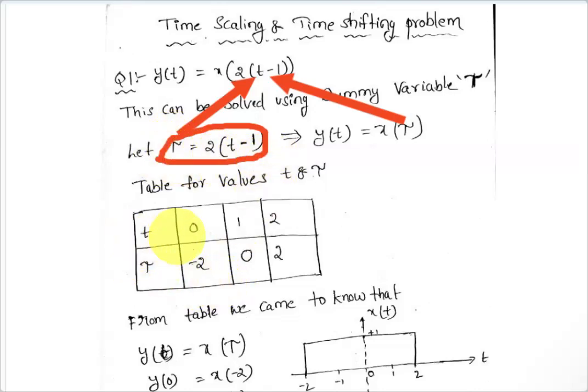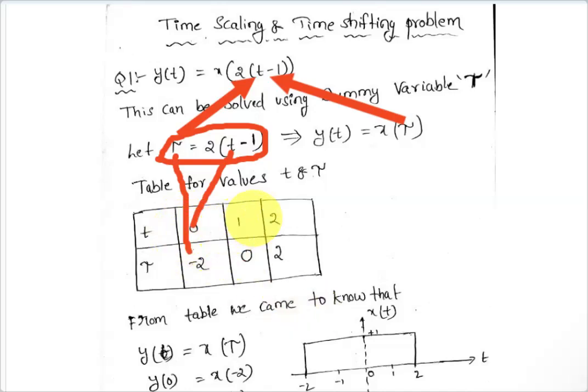If t value is 0, the tau value will be minus 2. Substitute t as 0: 0 minus 1 is minus 1, 2 into minus 1 is minus 2. That's why tau value is minus 2.